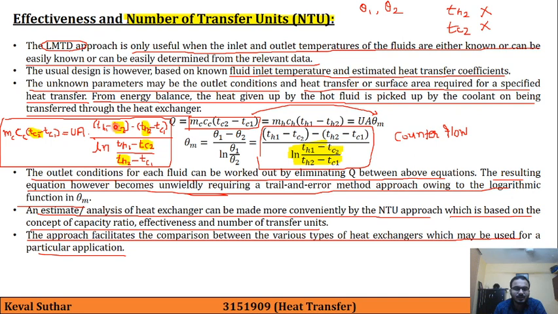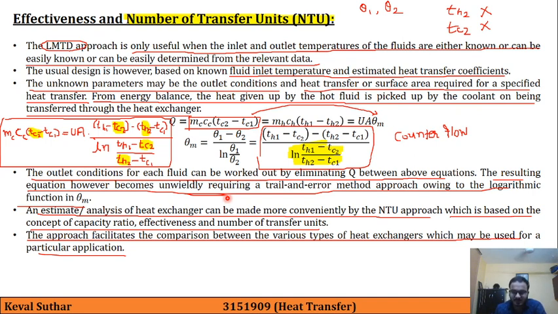We can do this by using these three relations. However, because of the logarithmic nature of the formula, we need to use a trial and error method, which is quite lengthy. So we need another method for calculation of heat transfer.